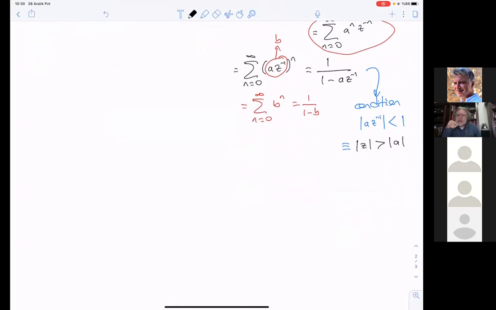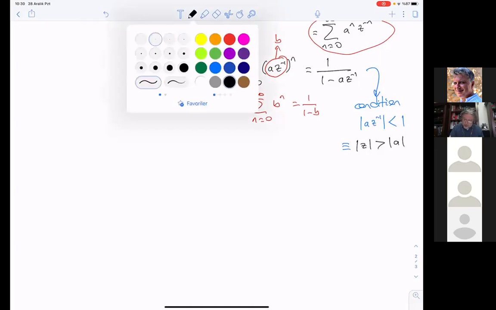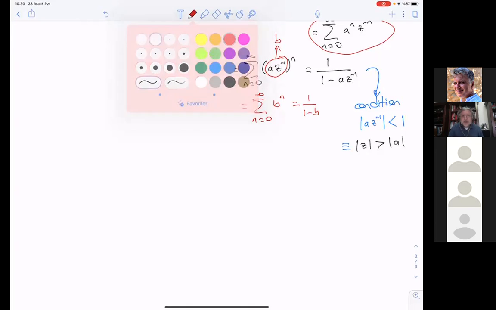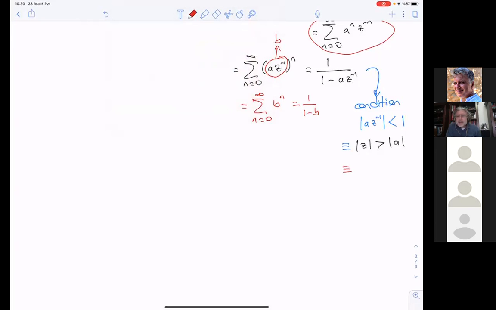Because when z is more than a, z inverse is like a over z. So if z is greater than a, then a over z is less than 1 in magnitude. So this is the equivalent: the magnitude of z is greater than a, which is also further equivalent to saying this.